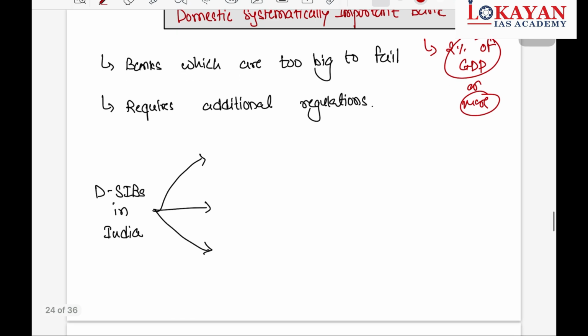At number 1 we have obviously State Bank of India. At second number we have HDFC Bank, and at third we have ICICI.